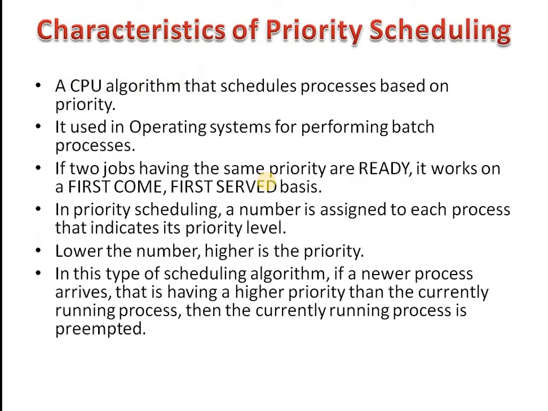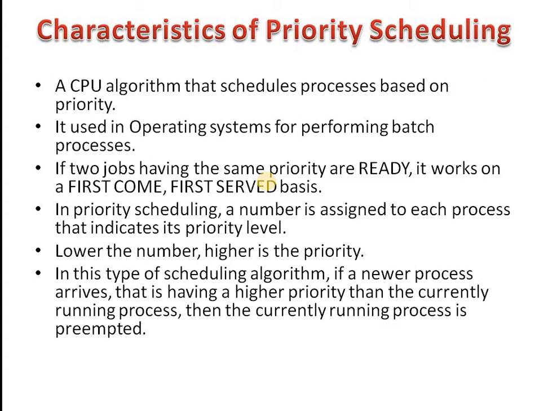Let's take the example. Before that, we will see the characteristics of priority scheduling. A priority CPU scheduling algorithm schedules processes based on priority. It is used in operating systems for performing batch processes. If two jobs having the same priority are ready, it works on a first come first serve basis.